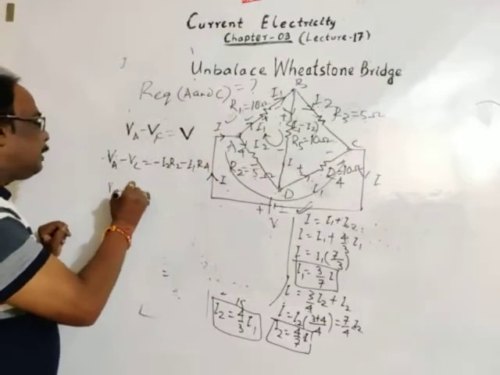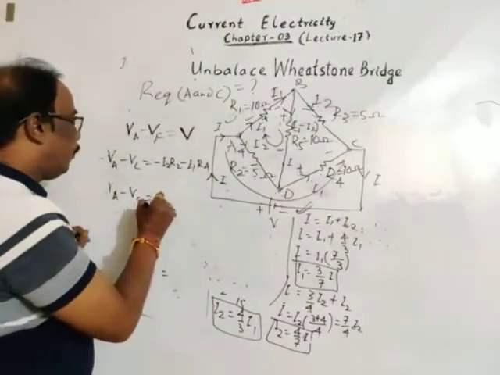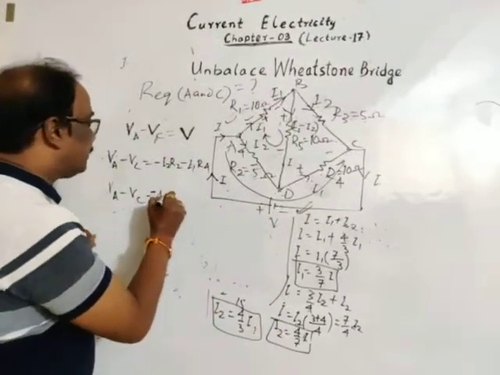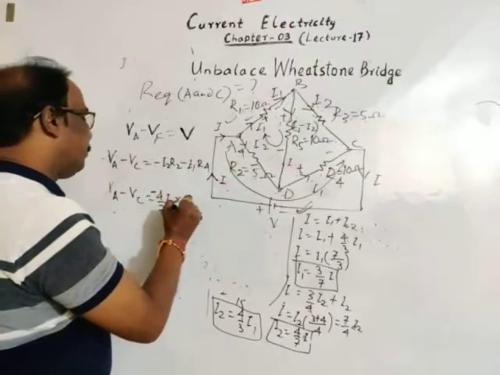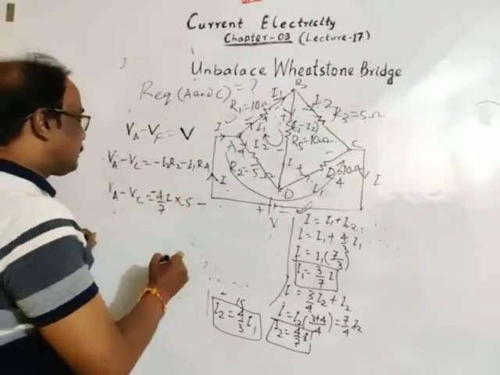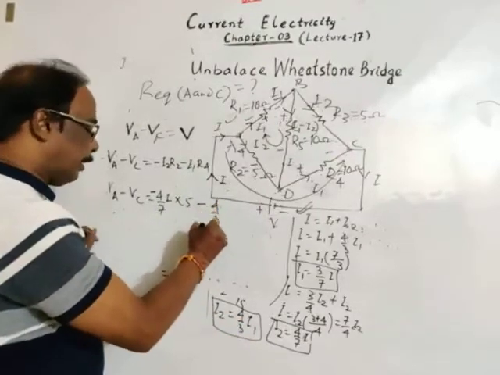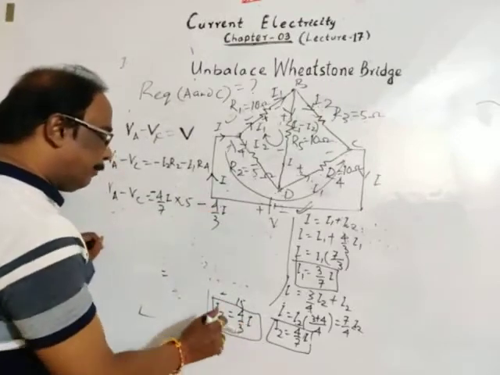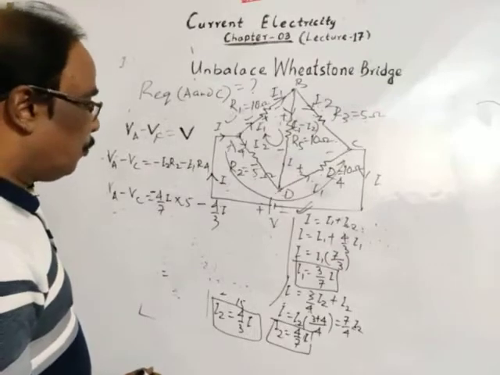Then VA minus VC: I2 is 4 by 7 I, so this is minus 4 by 7 I into R2, R2 is 5 ohm. Then minus I1.